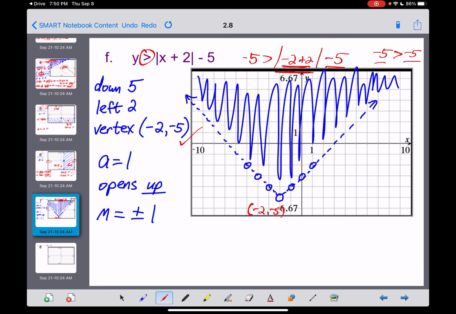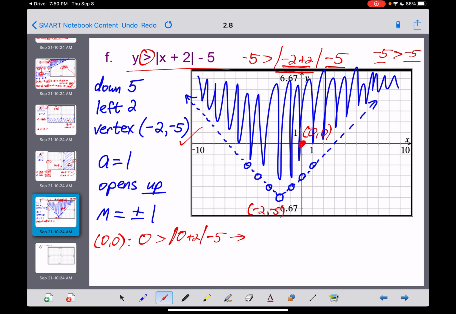Now, the proof is in the pudding, everybody. Let's find out if we got this right or not. I'm going to check the origin, 0, 0, which is shaded. That means it should work. 0, 0 should give us a true statement back in the original. 0 for our y-coordinate should be greater than the absolute value of 0 plus 2 minus 5.